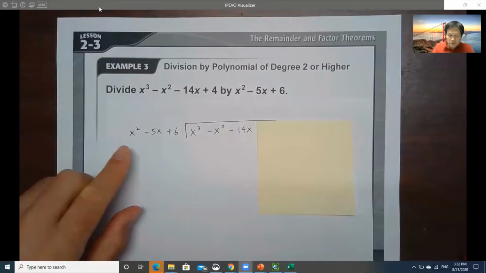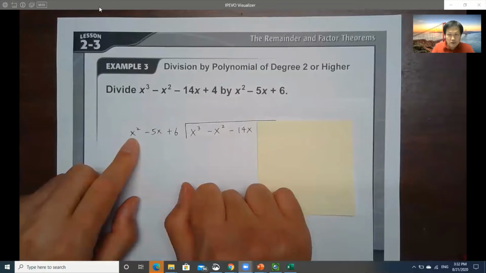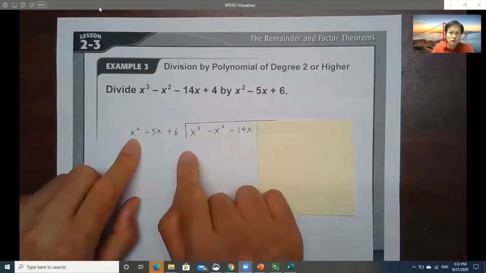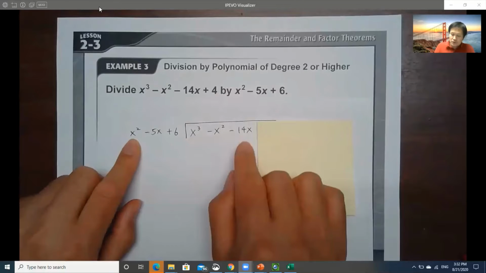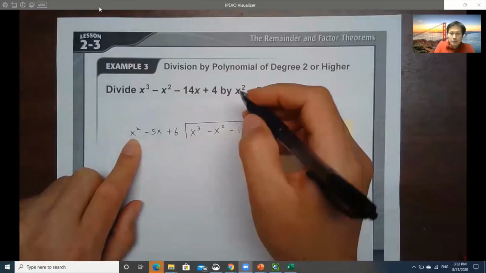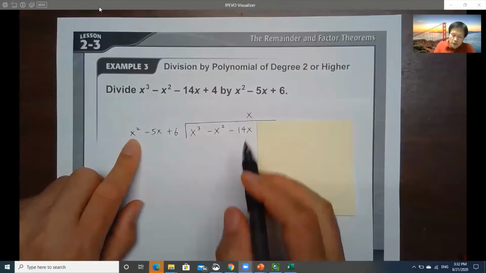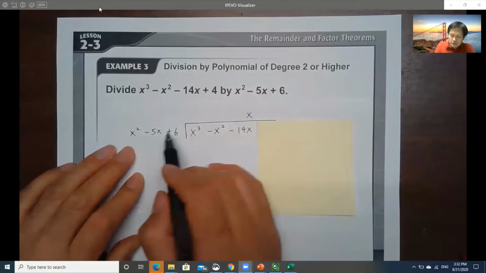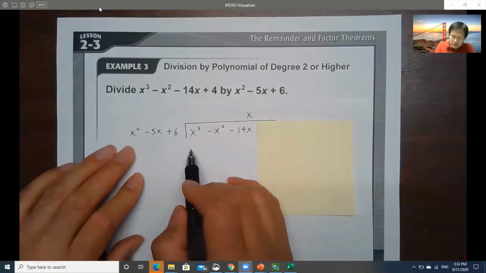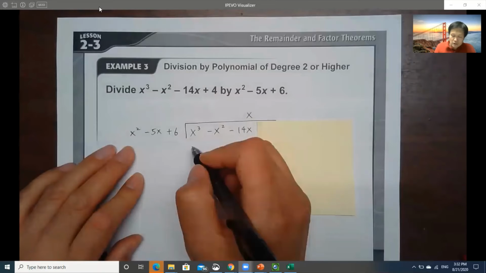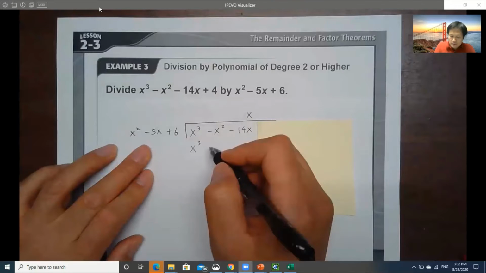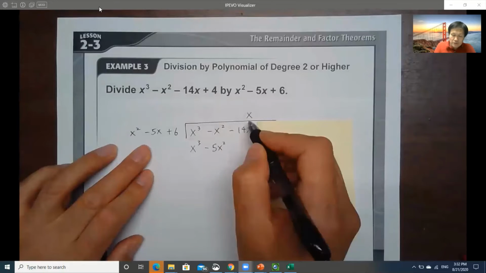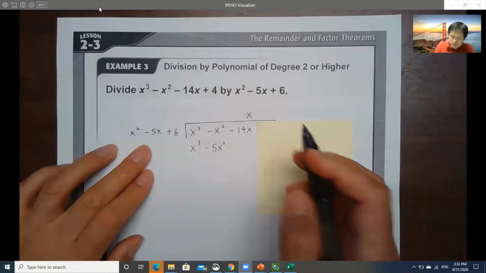First term to first term. What do I multiply to x squared to match x cubed? x. Where do I write x? Where the x appears here, so line them up. Now you're multiplying by x: x times x squared, x times minus 5x, x times plus 6.